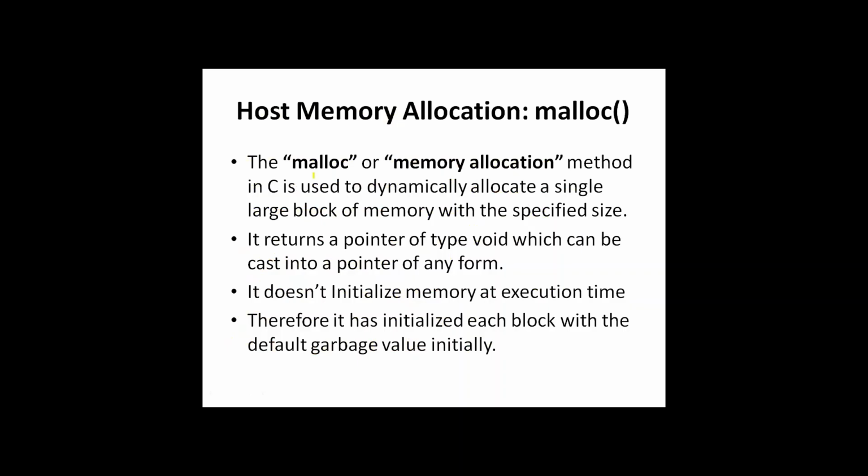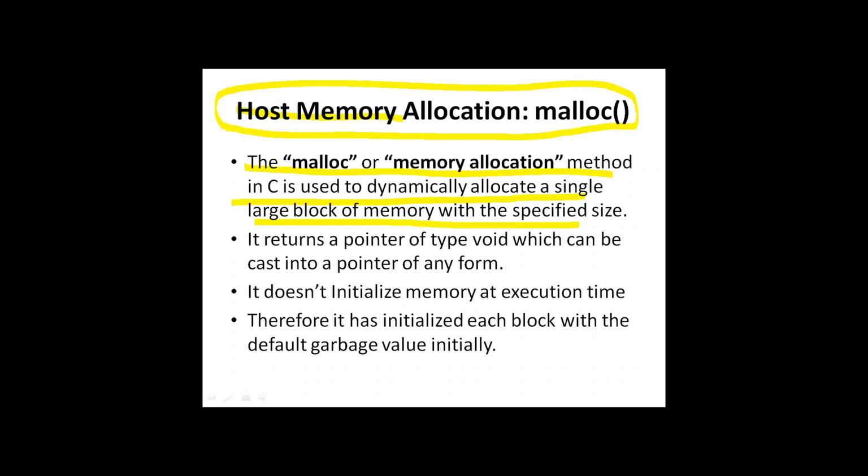Now, regarding host memory allocation, all of you might be aware of the function malloc. Normally, we use malloc for allocation on the host, right? Malloc, the memory allocation function in C, is used to dynamically allocate a single large block of memory with the specified size.